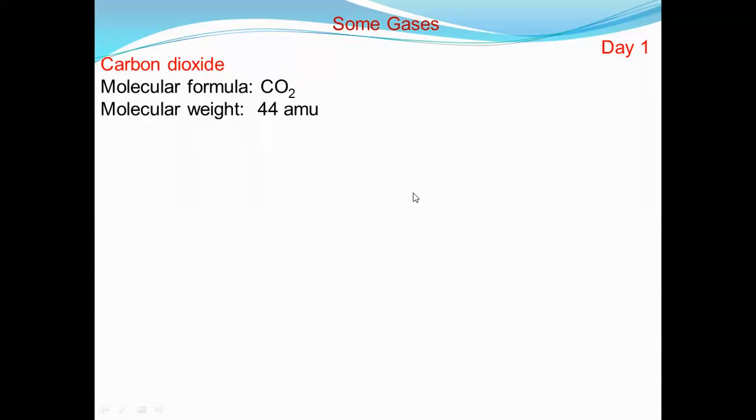Two atoms of oxygen are here, so that will be 32. And carbon is 12. So 32 plus 12 results in 44 AMU. Molecular weight and atomic weight are written in terms of AMU, atomic mass unit.